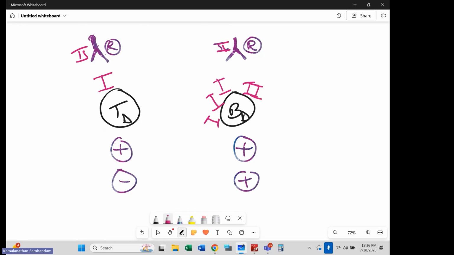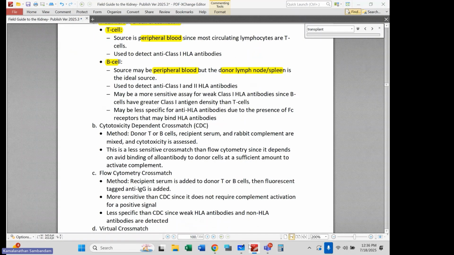So those are your if this, then that. If you find this result, you can presume it's an antibody to class 1, an antibody to class 2, or a weak antibody to class 1. Those are your possible explanations here.